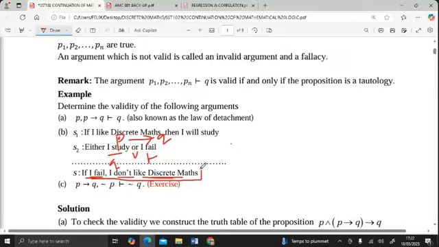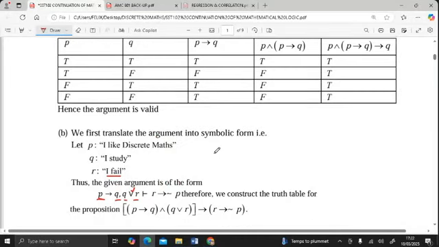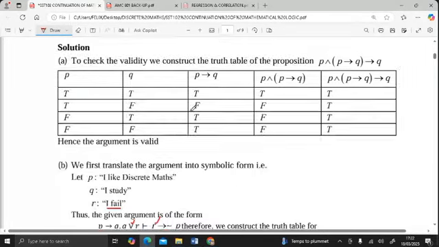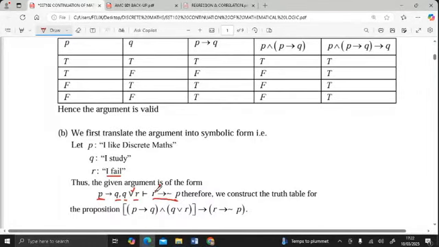If I fail, which is R, implies negation P, because I like discrete maths is P, but I don't like is the negation of P. And that is exactly what we have here. R, meaning I fail. If I fail, then I don't like discrete maths. Yes. If I fail, then I don't like, because P represents I like.